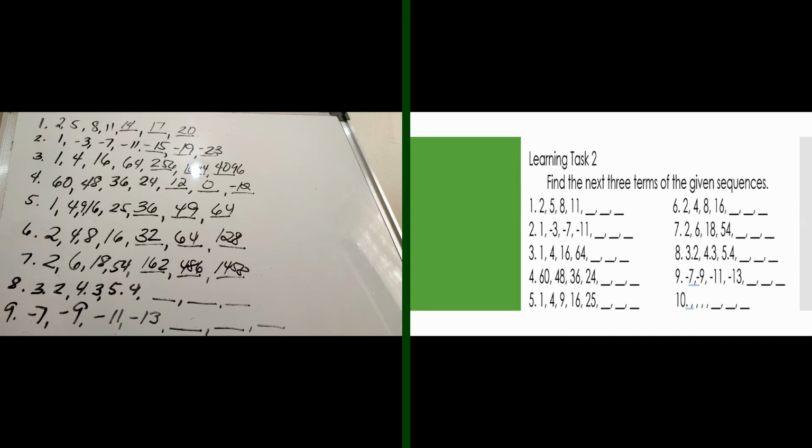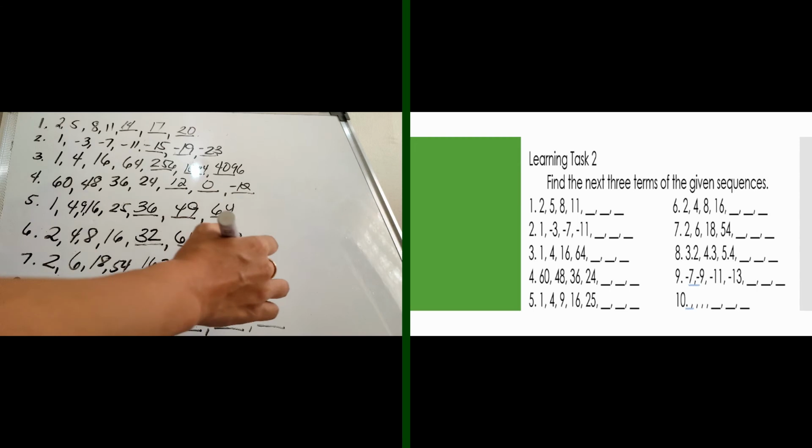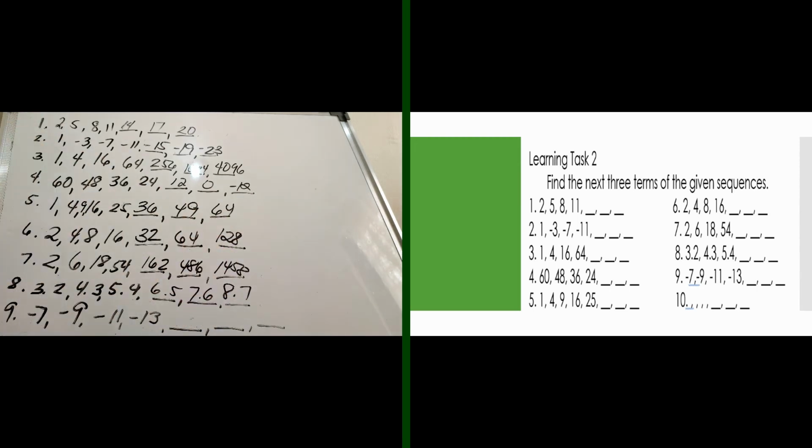So meaning to say, for us to get the next term, we're just going to add 1.1. So 5.4 plus 1.1 is 6.5, plus 1.1 is 7.6, plus 1.1 we have 8.7.